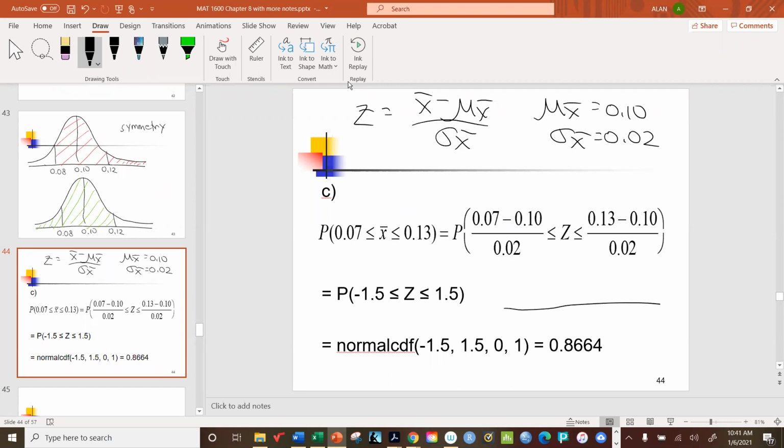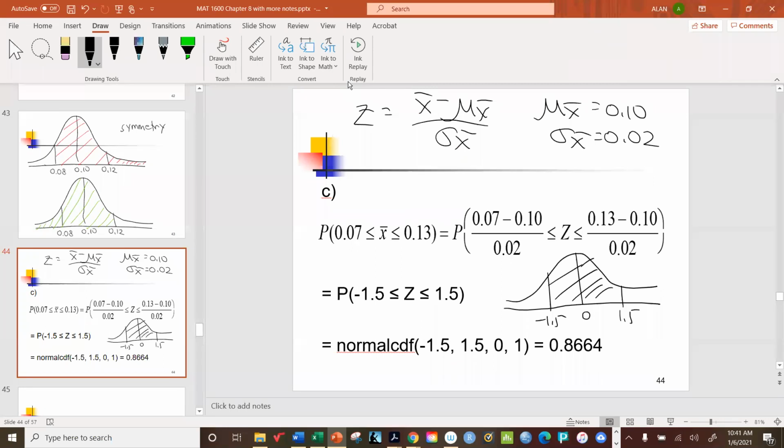So under the standard normal curve, we are within 1.5 standard deviations of the mean. And that turns out to be about 86.64% of the curve.